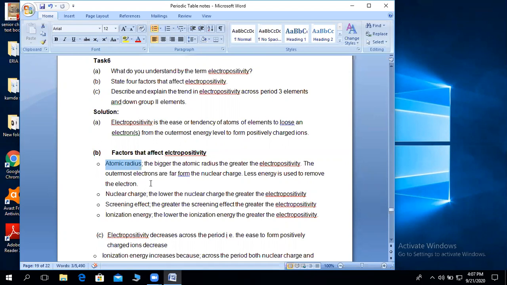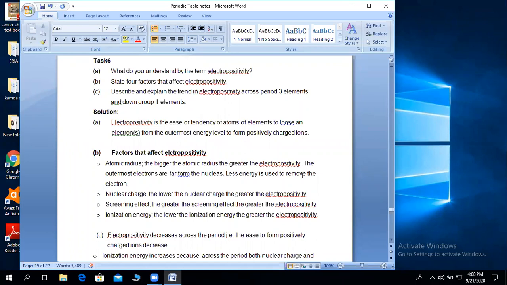The outermost electrons are far from the nucleus and experience less nuclear attraction.